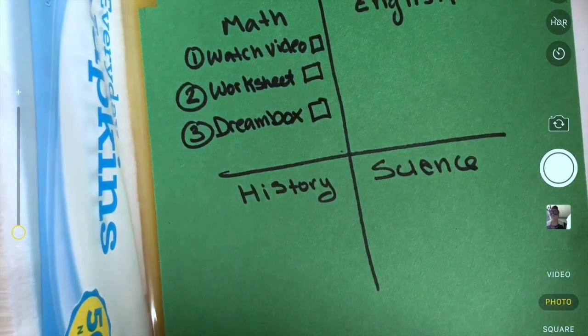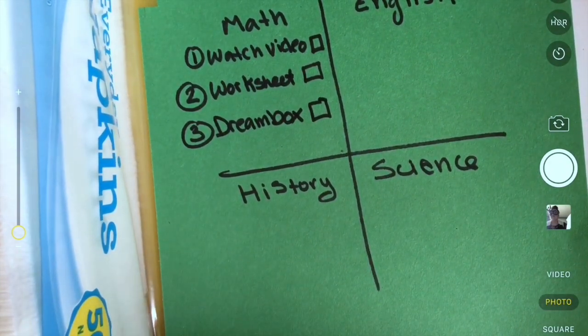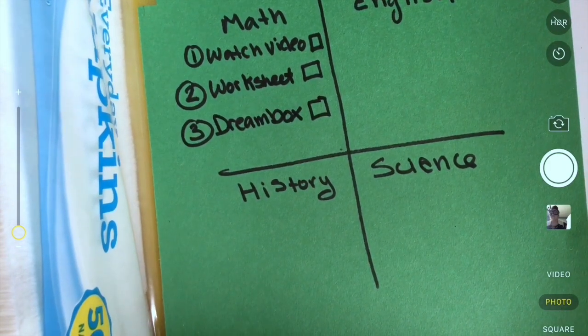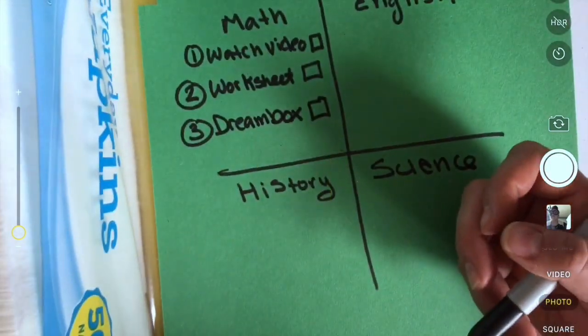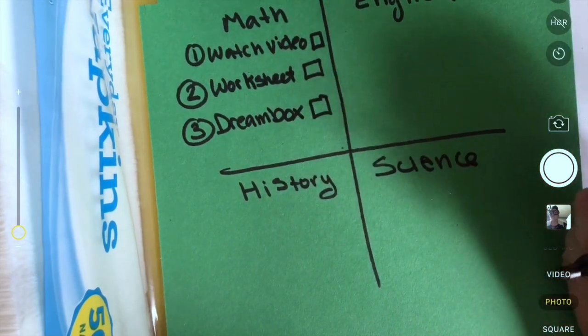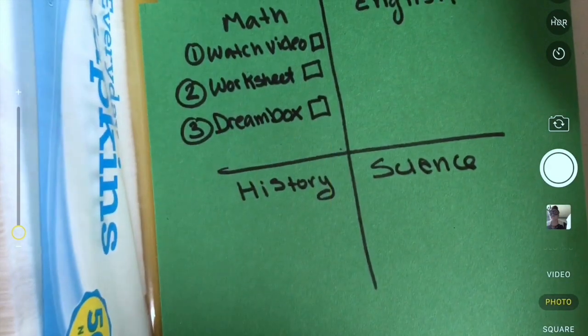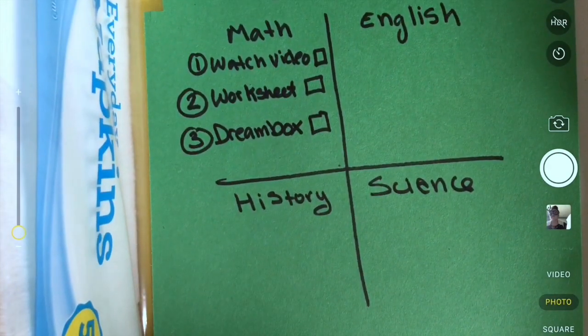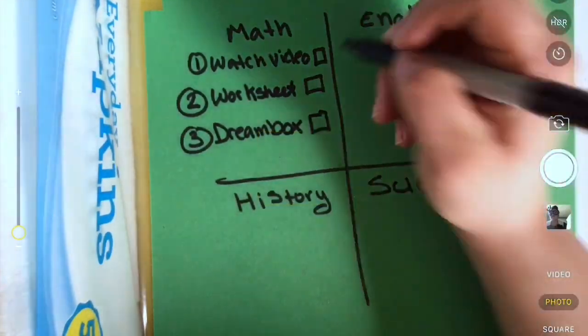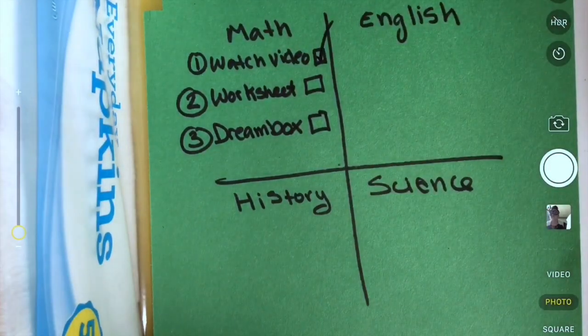So after I watch the video, I'm going to take a 10-minute break so that I can go watch some YouTube videos and then come back to my worksheet. And then after I'm done with my worksheet, I am going to take a walk around the block and then come back and do work on my Dreambox. And you can do that for any of your classes. Just make a to-do list, check it off as you go along, and it keeps you on track.